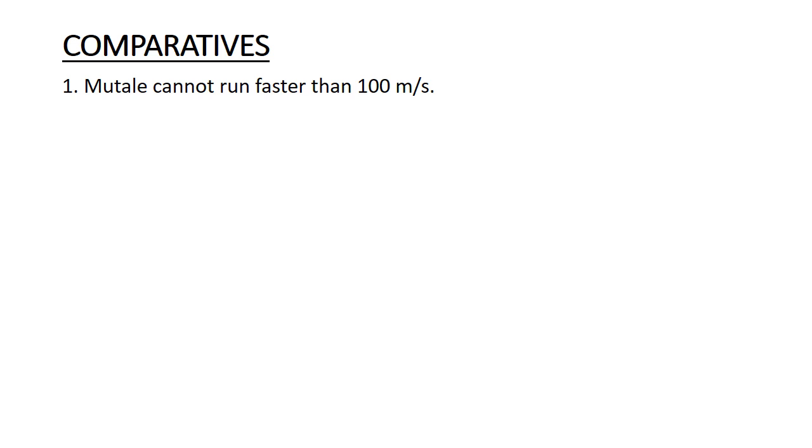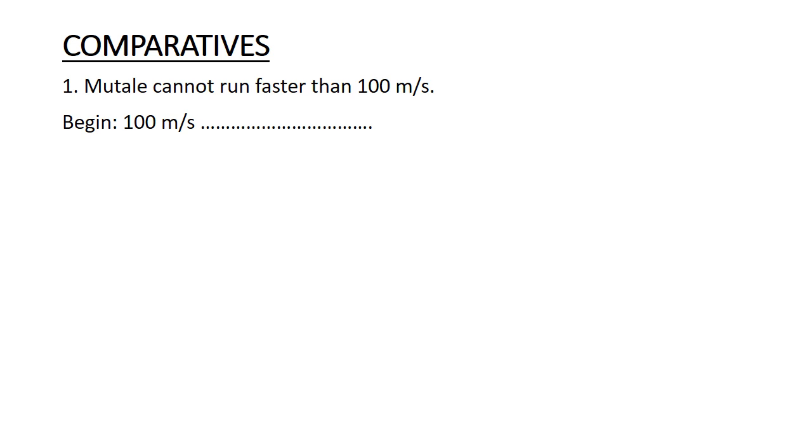Mutale cannot run faster than 100 meters per second. I've got a friend named Mutale and he can run faster than 100 meters per second. Anyway, coming back to the question, it says begin 100 meters per second. 100 meters per second cannot run faster than Mutale? No, that's not the answer. So here we are trying to see how fast Mutale is.